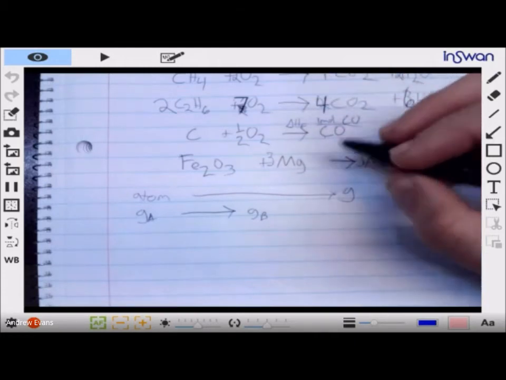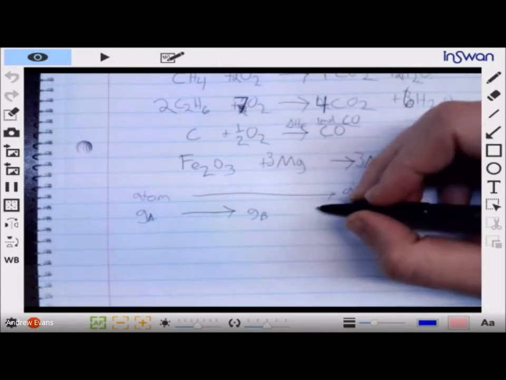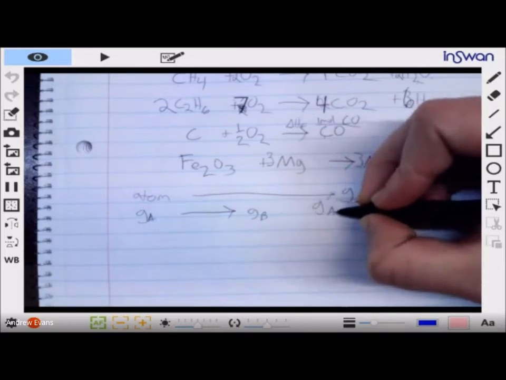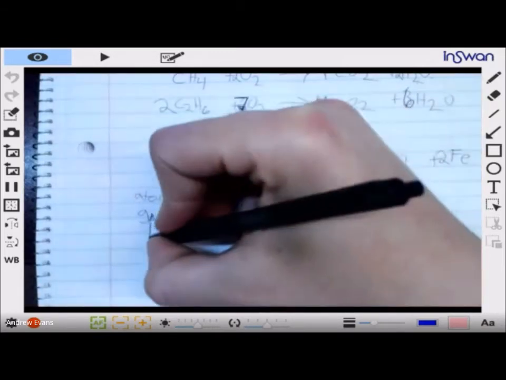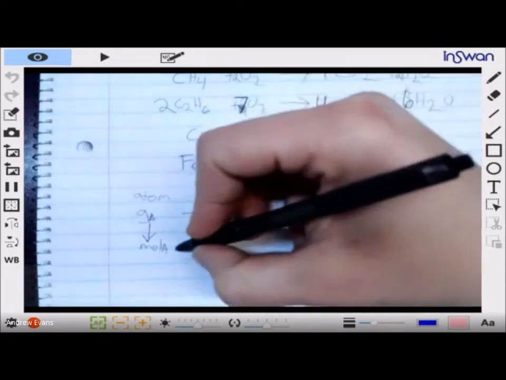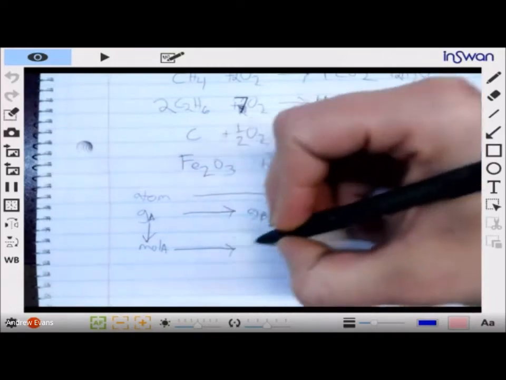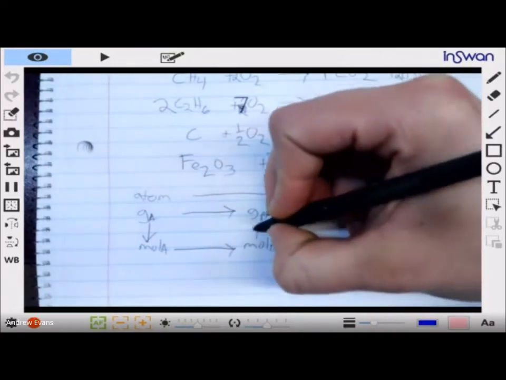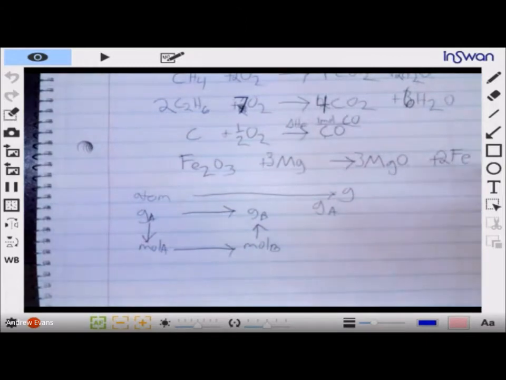So what we have to do is go to moles. We're going from grams of A to moles of A, and then we're going to use the balanced chemical equation to find the moles of B. And then we're going to turn it back into grams of B. This is the basics here.